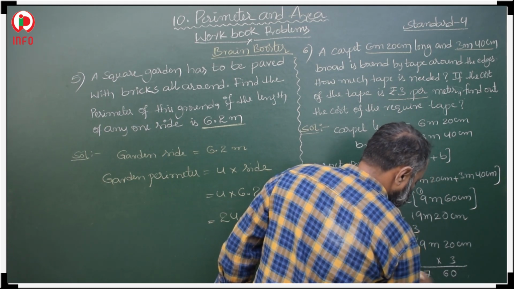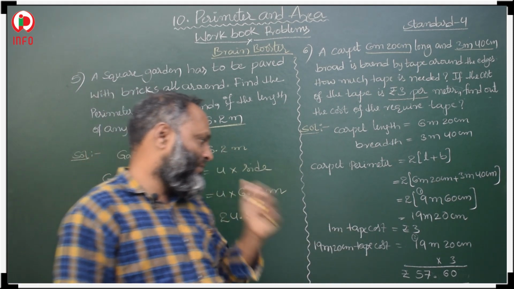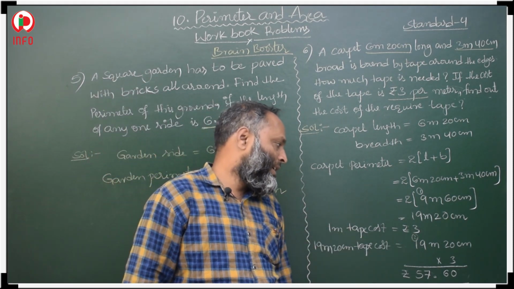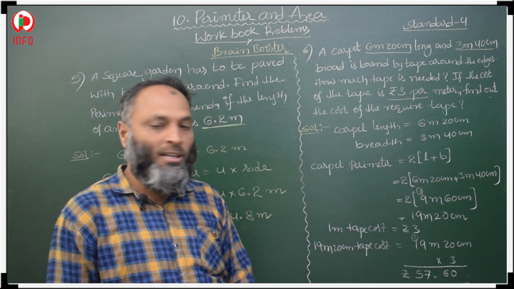So you will get rupees 57 rupees 60 paisa. So the cost of 19 meters 20 centimeters of tape is 57 rupees 60 paisa. Okay.